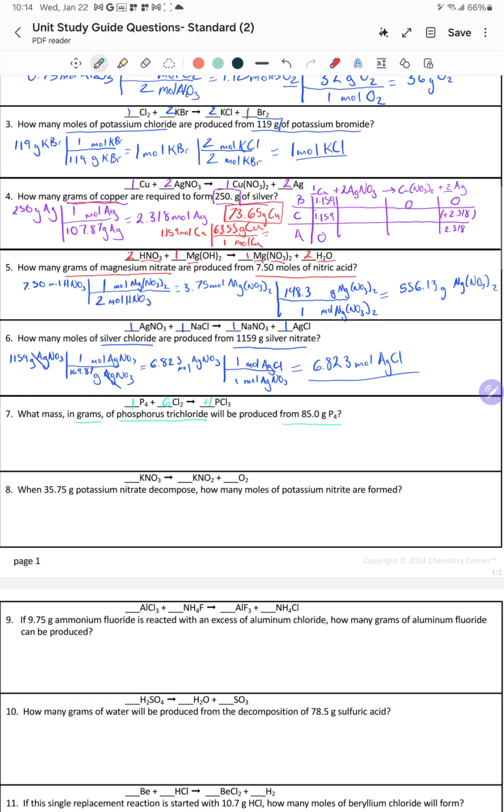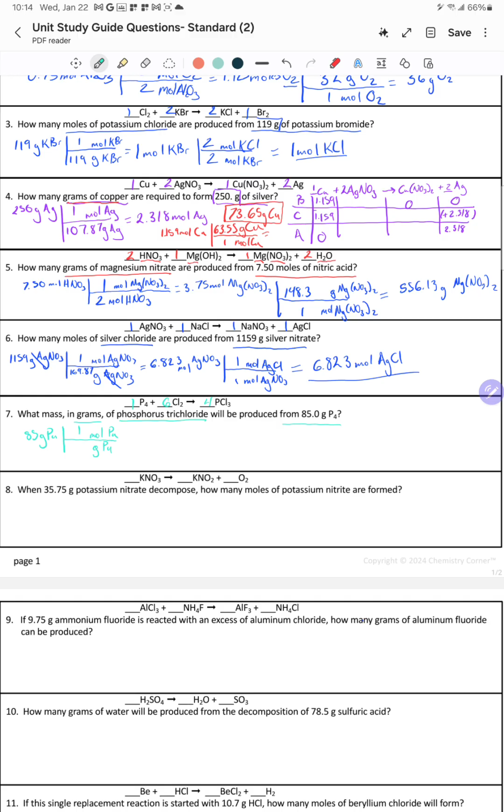And then I will convert grams of phosphorus to moles of phosphorus. So I do 85 grams of phosphorus and convert to moles of phosphorus because I'm trying to go from phosphorus to phosphorus trichloride. So I need moles of phosphorus at the top from grams of phosphorus. And I need to see how many grams of phosphorus are in 1 mole. So I have to take phosphorus and multiply by 4.